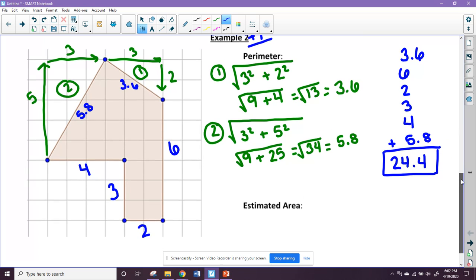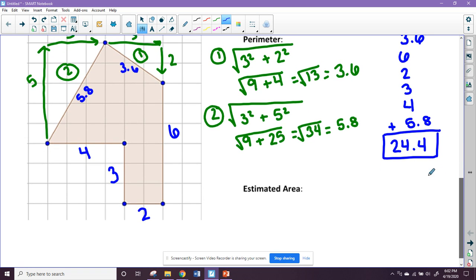Now we need to find the estimated area. So let's look here. We're going to count up our whole squares that we have.